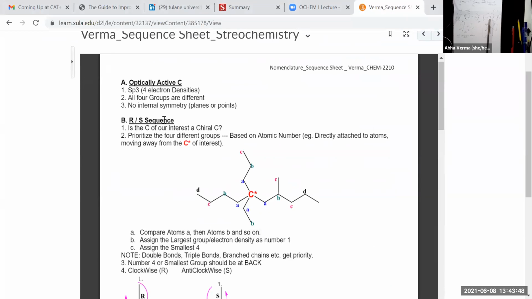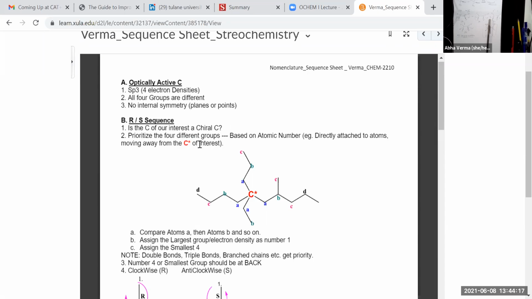The first thing that you must do whenever you're looking at a molecule about awarding it an R or an S enantiomer is that your carbon must be chiral. Whichever carbon is chiral can be assigned an R or S. So make sure that you understand that part first. So how will we do that? Make sure all these requirements are fulfilled.